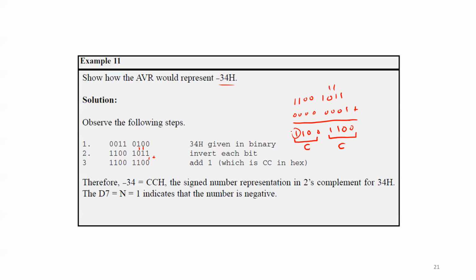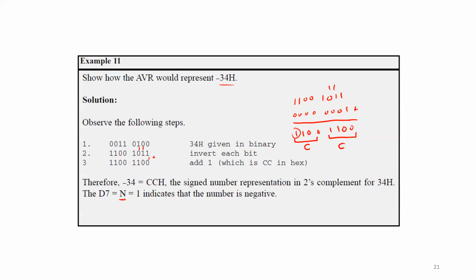But we have here one comment which is going to give us an indication for the negative sign. So let's read the comment of this example. Therefore, minus 34 equals CC hexadecimal. The signed number representation in two's complement for 34H. The D7, which is the last bit, equals N. What is N?